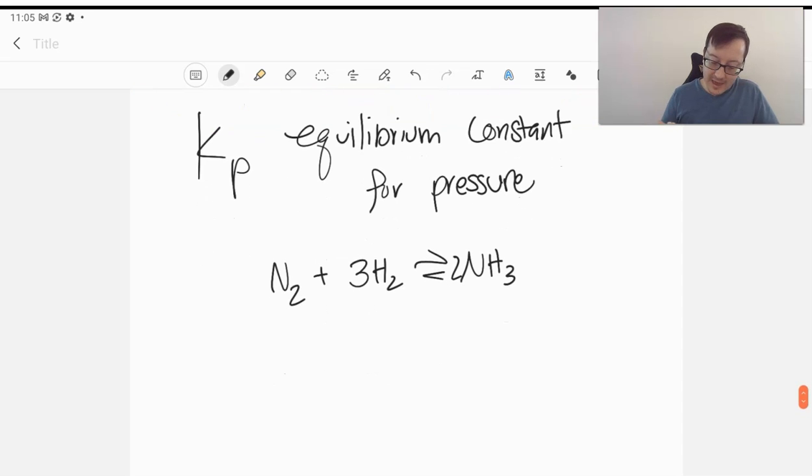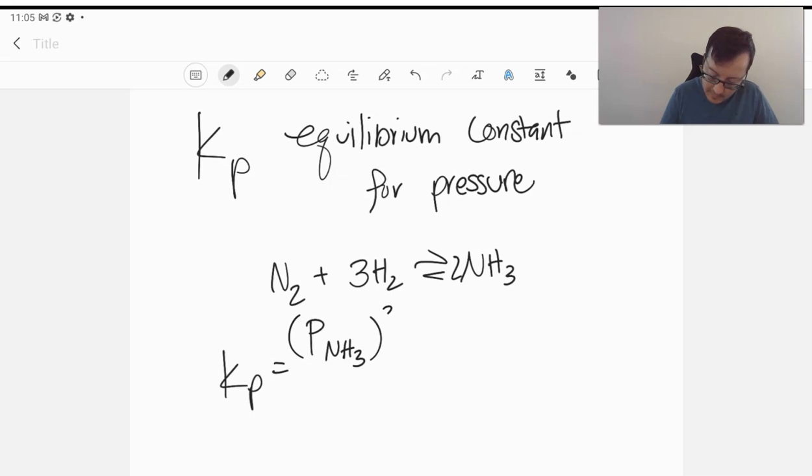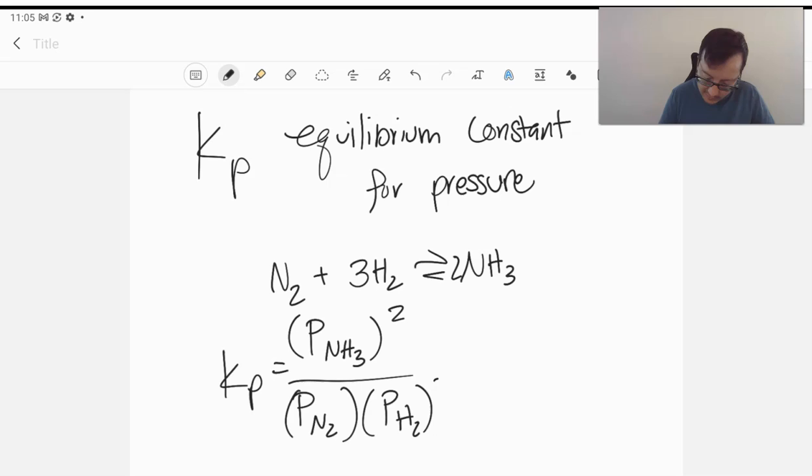When we're taking a look at Kp, instead of looking at concentrations, we're looking at pressures. So we're looking at the pressure of the ammonia squared. We're looking at the pressure of nitrogen and the pressure of hydrogen cubed. So it's the same as concentration, but we're using different units, pressure units.